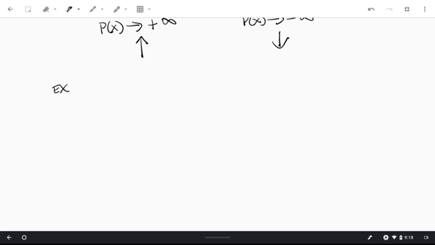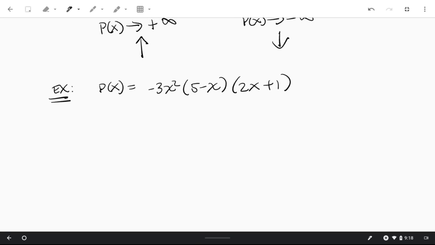Suppose that I have this one here. P of x equals -3x squared times 5 minus x times 2x plus 1. Just like the previous example, you only multiply the leading term in each of the pieces.